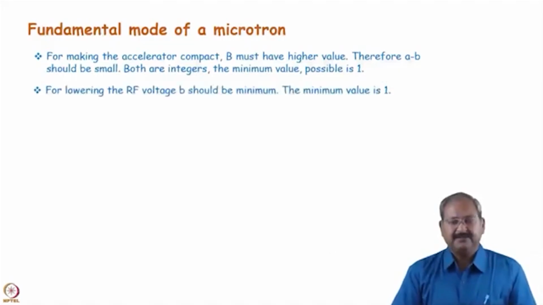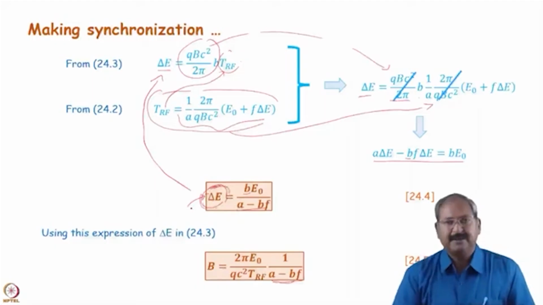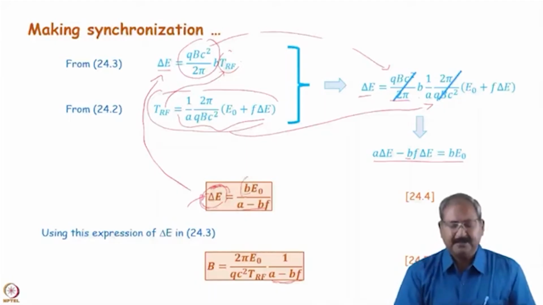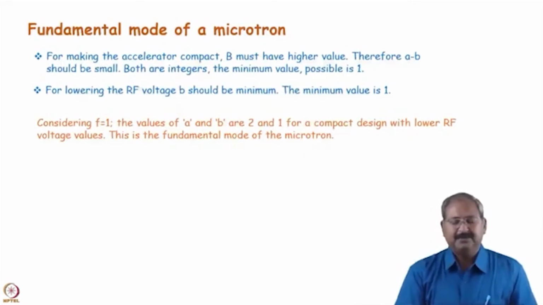For lowering the RF voltage, we see again the previous slide. Because we want to lower the RF voltage, meaning minimum RF voltage should be there to accelerate the particle, it means B should be lower, and the minimum value of B is 1. And because A minus B should be 1, A will be 2. So the values are B is 1 and A is 2.